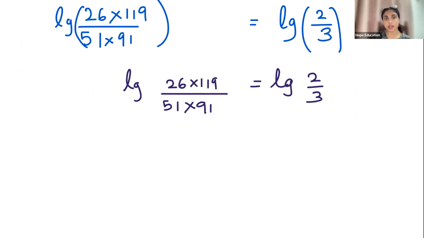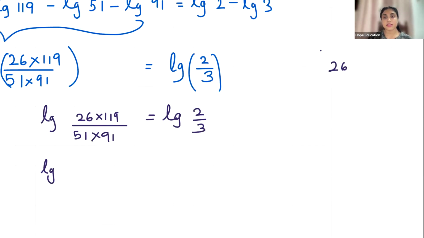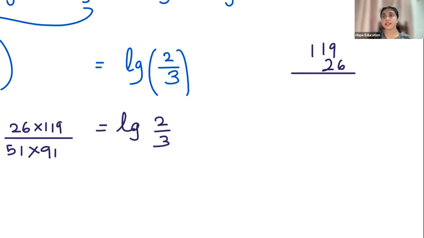All right. So let's do the division here. Let's multiply these first. We'll multiply 26 and 119. 6 times 9 is 54. 6 times 1 is 6, 6 plus 5, 11. 6 times 1 is 6, plus 1, 7. 2 times 9 is 18, 1 remaining. 2 times 1 is 2 plus 1 is 3. 2 times 1 is 2.